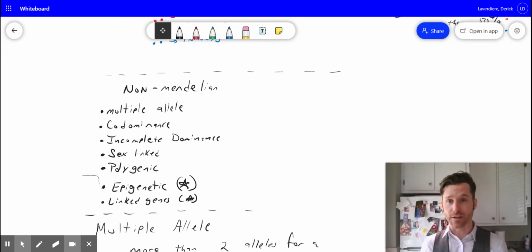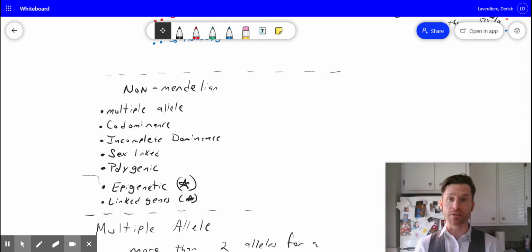It's exactly what it sounds like: instead of having two variations of this gene, we have more than two variations. So I have 3 variations, 4 variations, 5 variations. Codominance is when both alleles are present together in the ultimate expression of the trait.